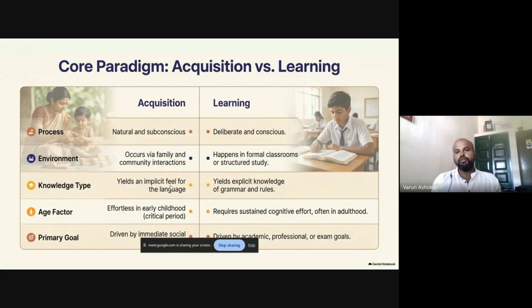If someone moves to Germany, they may use English in the work environment or learning environment. But to have a social life, to build a community, they should learn the German language also. In that way, they may acquire a language in extended versions, and they may also learn the language.